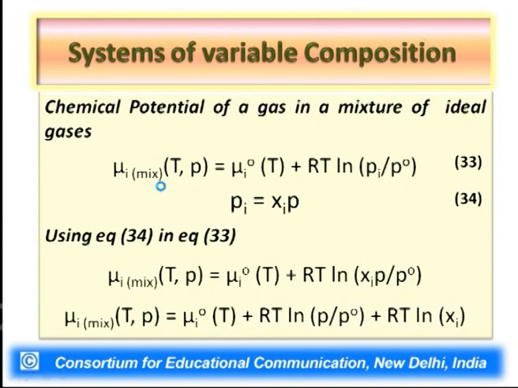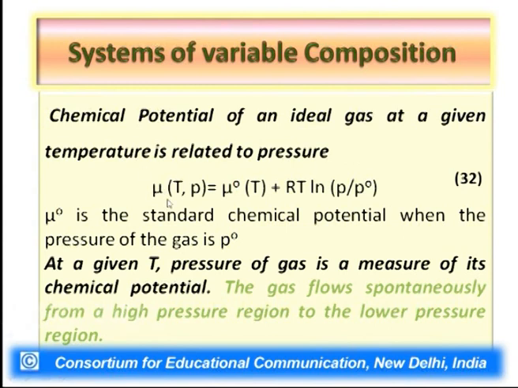If we take the same expression 32, the chemical potential of a gas at temperature T and pressure P equals the standard chemical potential plus RT ln(P/P°). Now when a gas is a pure gas, P is the total pressure of the gas and mu is its chemical potential in the pure state.